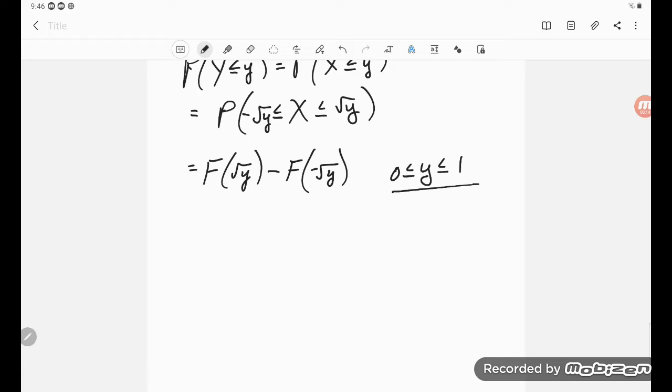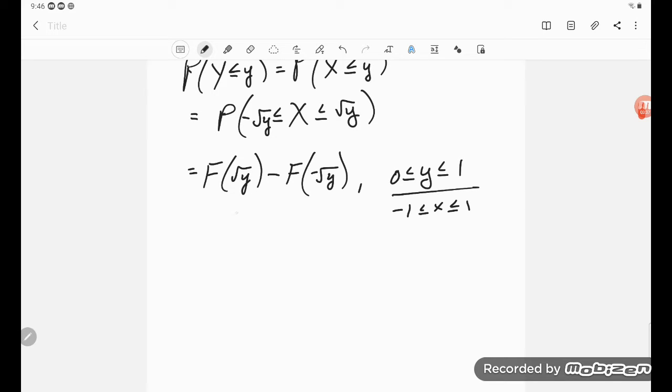And that's when y is between 0 and 1, where we're using x from -1 to 1. Well, so this changes at 0.